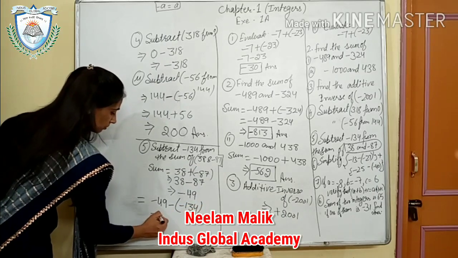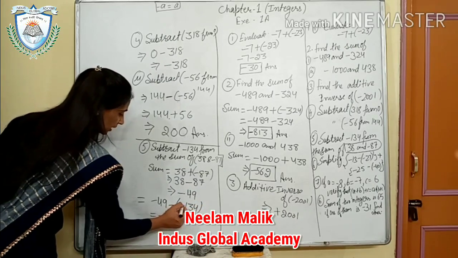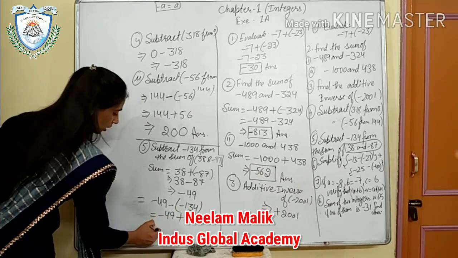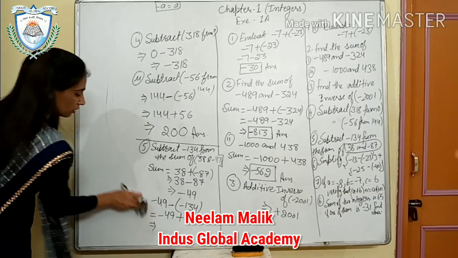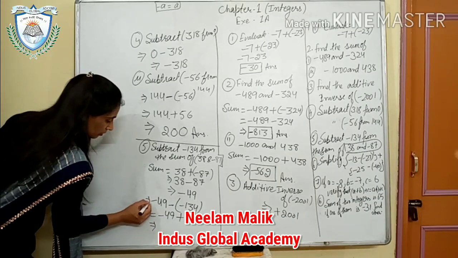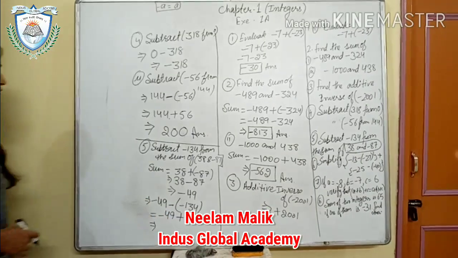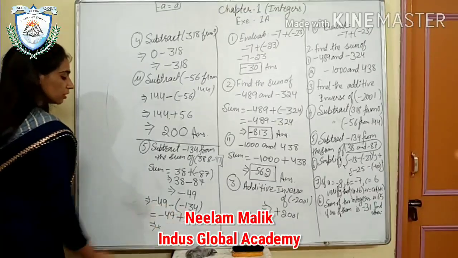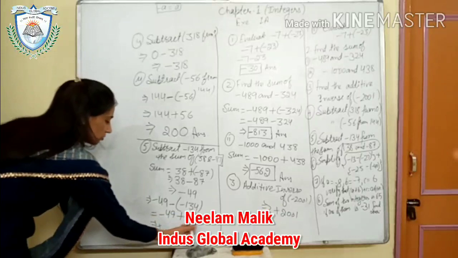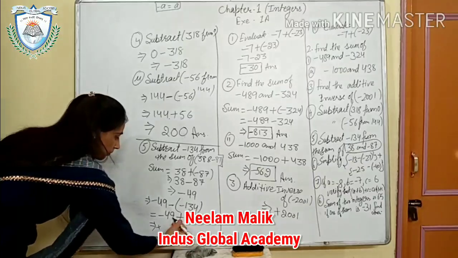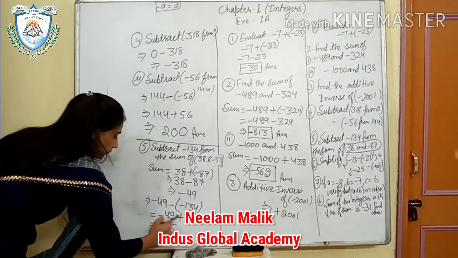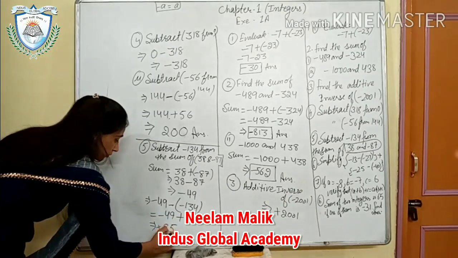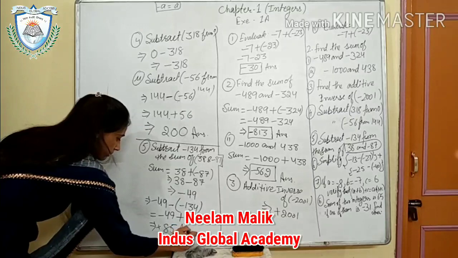So it will be minus 49 minus minus, which is plus 134. Now both have different signs, so the sign of the greater number means your answer will be positive, and then their difference. Subtract this number from that. From 14, 9 will go, it will be 5. From 12, 4 will go, it will be 8. This is your answer here.